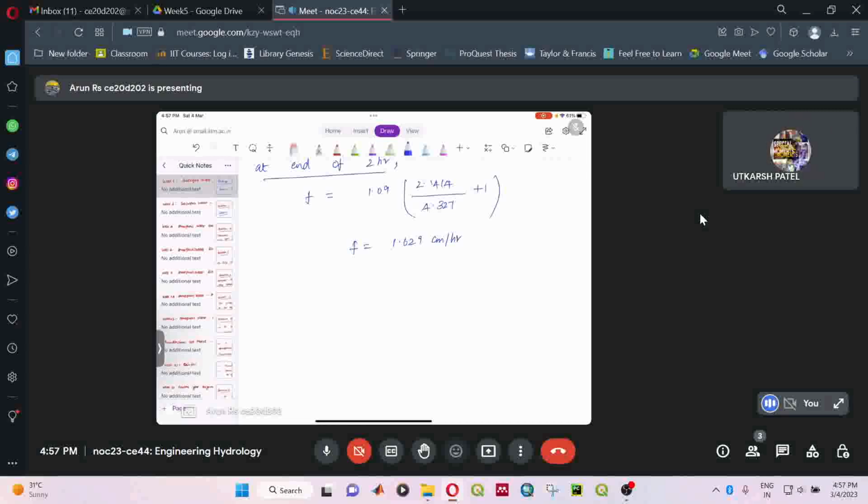And you can check with the rainfall intensity also. Rainfall that happens is 0.6 in the last hour divided by 0.5, which is equal to 2.4 centimeter per hour. So I is greater than F, ponding occurs.